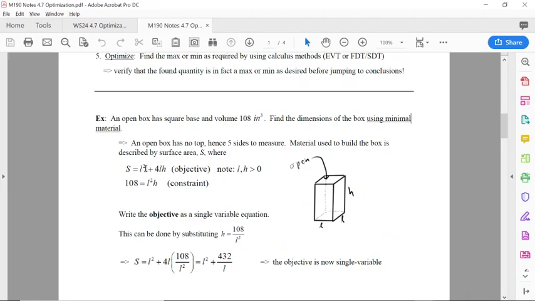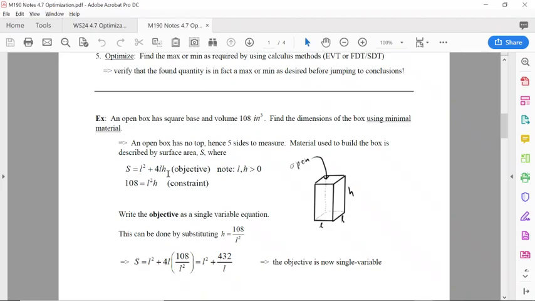So the area of the base would be in square inches. Now, if we were told that the base of this box cost something like 25 cents per square inch to produce, well, then we can multiply the L squared term by 0.25. And that would put our cost function in terms of dollars. If we multiplied it by 25, we could put the cost function in terms of cents.